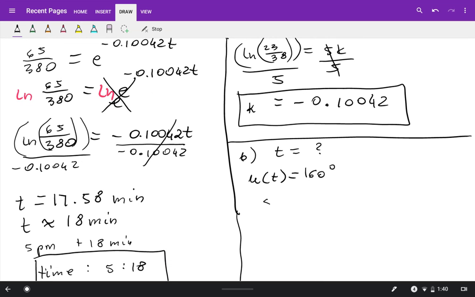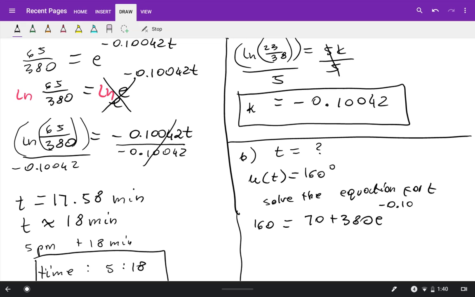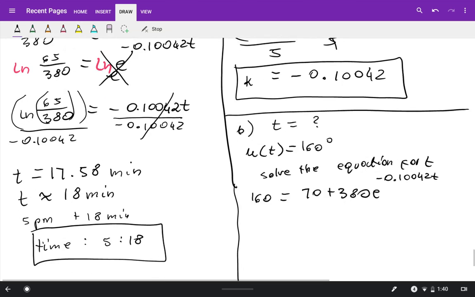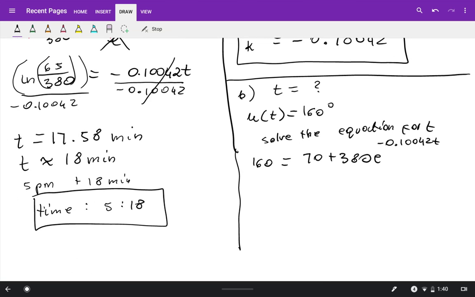Solve the equation for t: 160 equals 70 plus 380 e to the power of negative 0.10042 t, and you will solve exactly the same way as in part A. Follow the same steps and you should end up with t equal to 14.3 minutes.